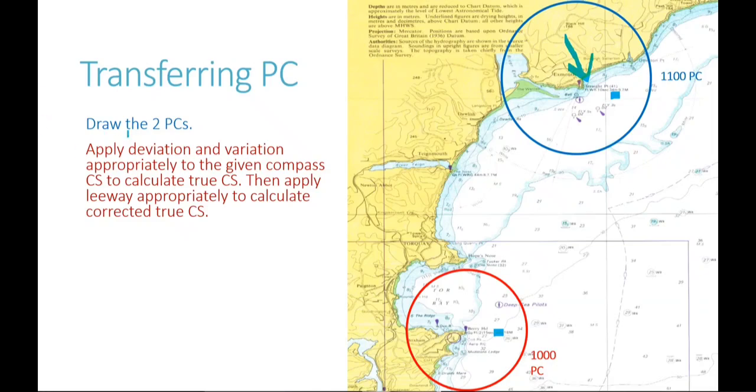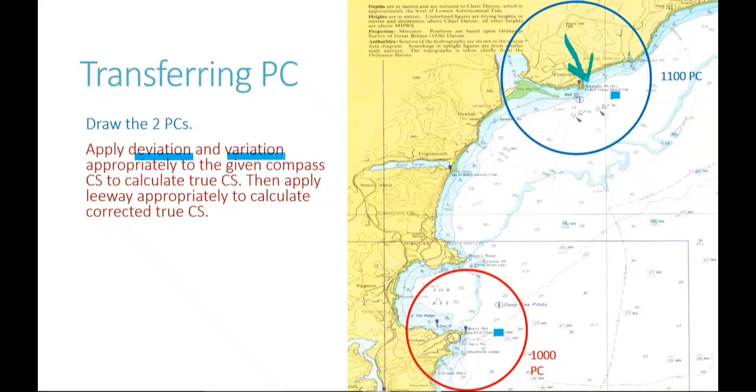Okay, so once these position circles are drawn, second thing which they give us is the compass course steered. So we have to convert it to true course steered. We never plot compass courses or compass bearings on the chart. We always plot true courses and true bearings. So we apply the deviation which we will obtain from the deviation card. Deviation card is provided to us, and we will apply the variation.